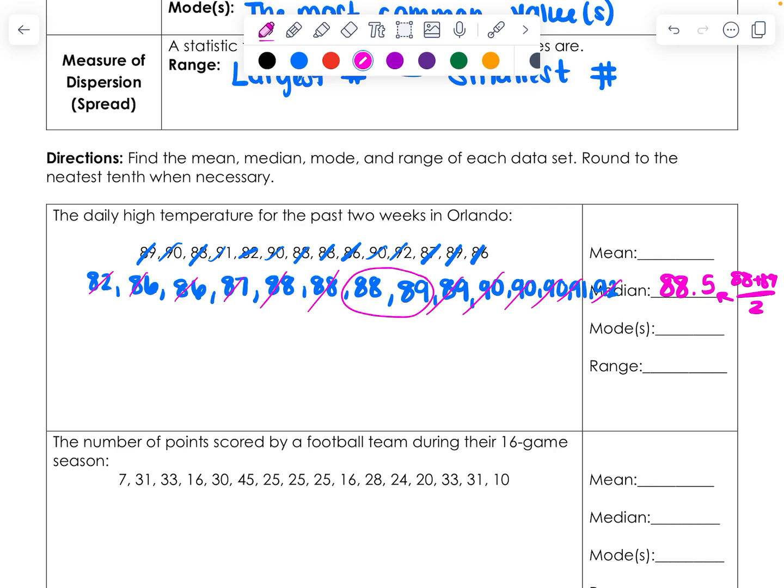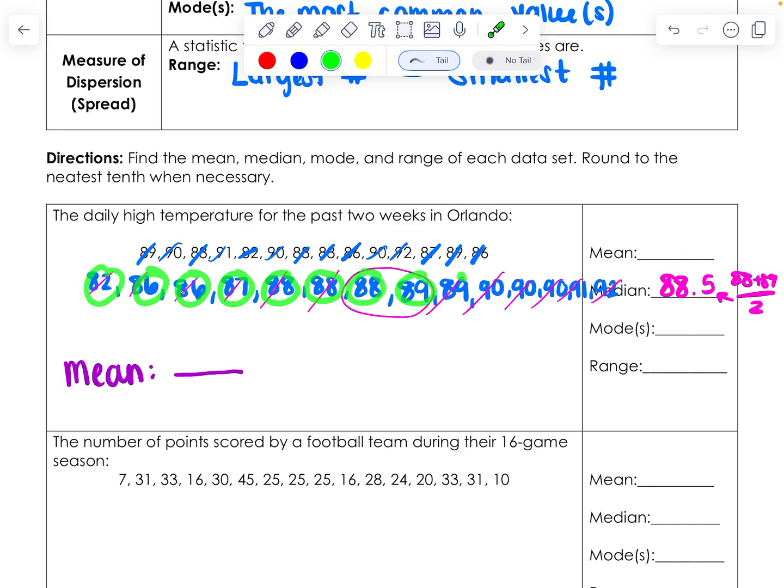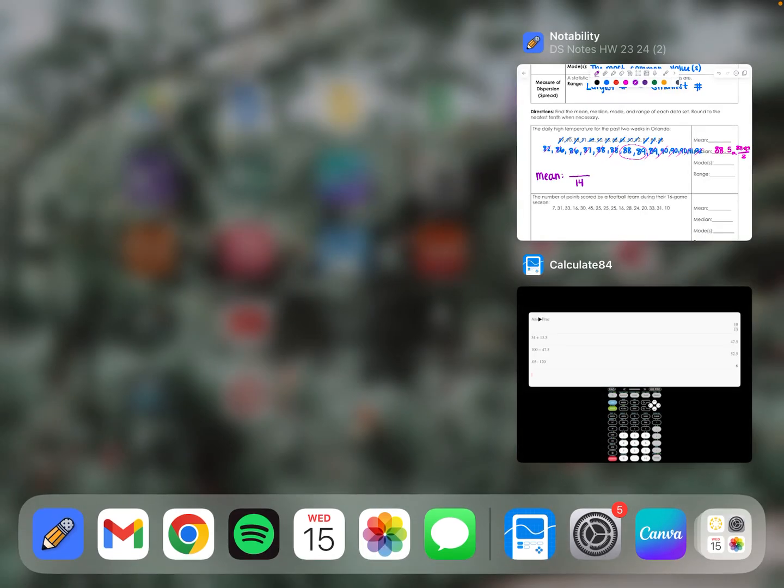The mean is the average, so to calculate the mean, we have to add all of these numbers together, and then we divide by how many values there are. So it looks like we have 1, 2, 3, 4, 5, 6, 7, 8, 9, 10, 11, 12, 13, 14. So we're going to divide by 14, but we have to add all these numbers together in order to get the sum.